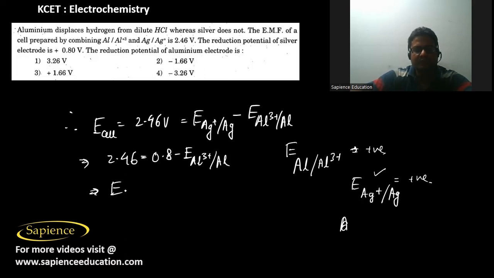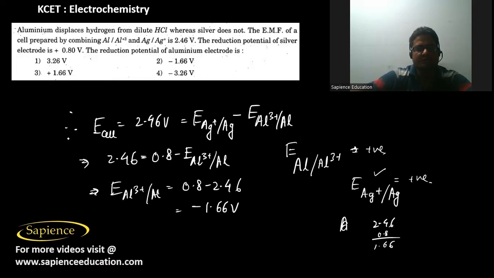So therefore Al3 plus to Al will be equal to 0.8 minus 2.46. So it is minus 1.66 volt. So option 2 is the correct answer.